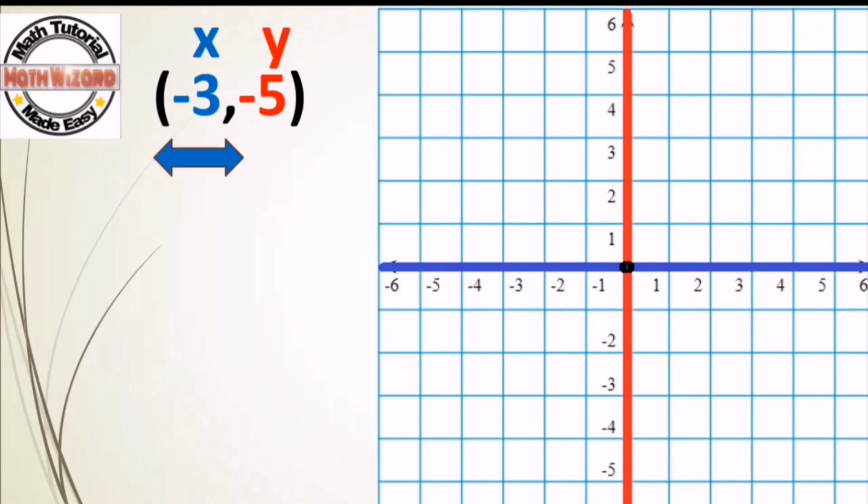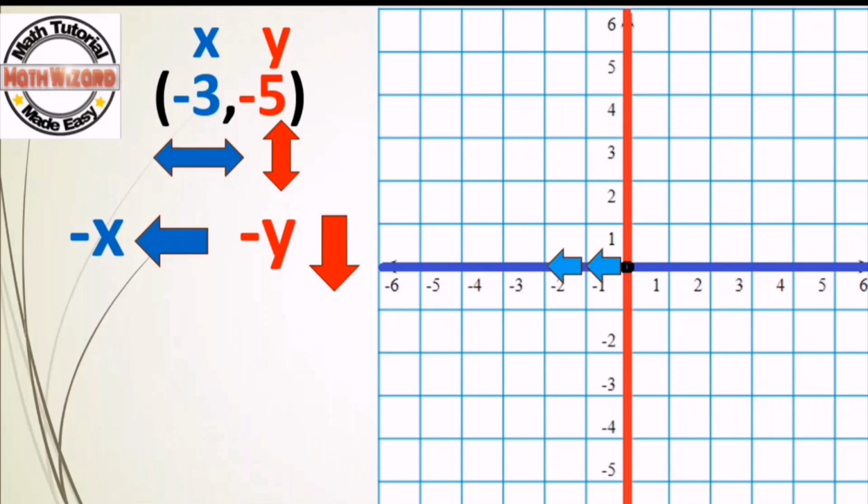Then, let us decide if x is going to the left or going to the right by looking at its sign. Since -3 is a negative number, therefore we decide that it is going to the left. How many units? 3 units. Therefore we count from the origin.